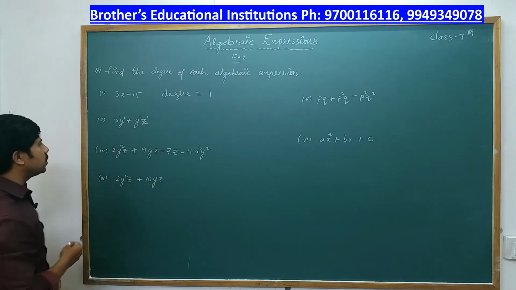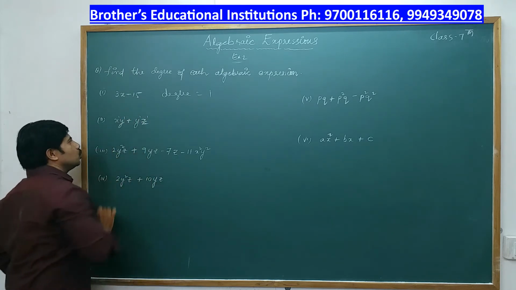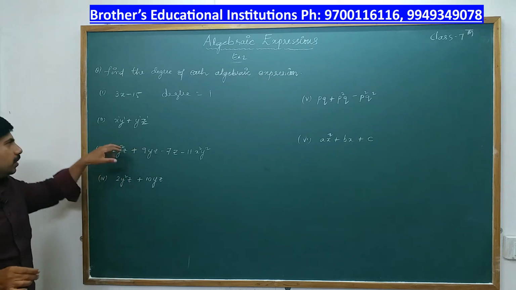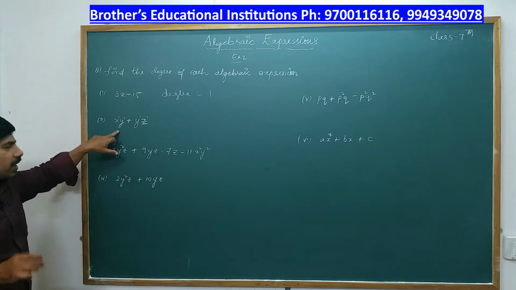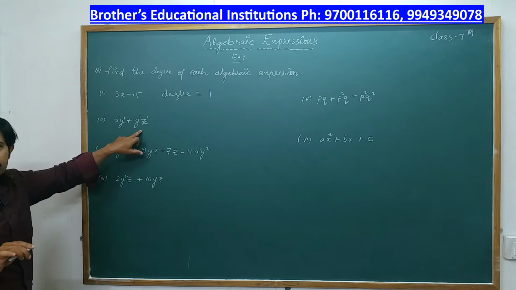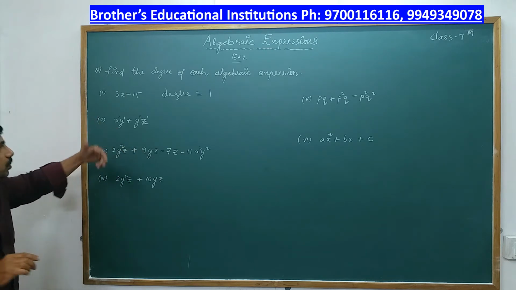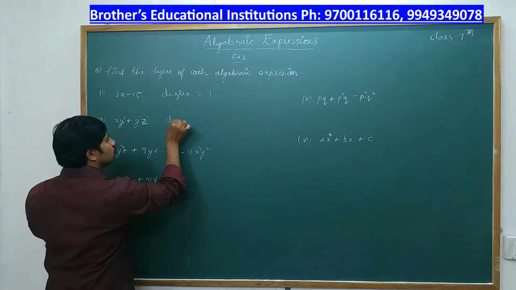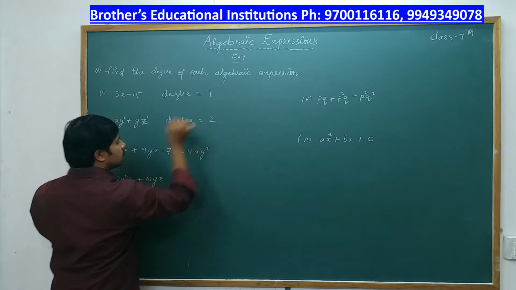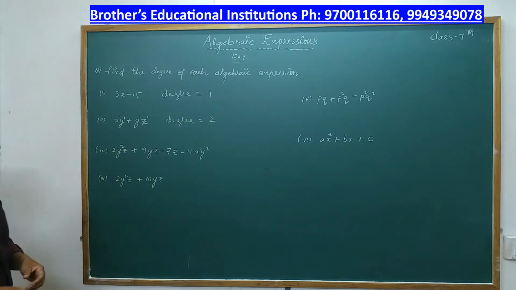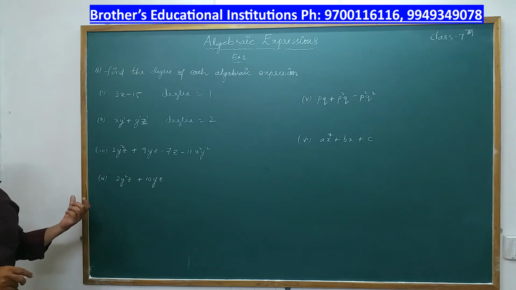So this expression degree is 2. So throughout it is 2 only. Degree of xy is 2 and degree of yz is 2. So highest power is 2. So we say the degree is 2. Right?